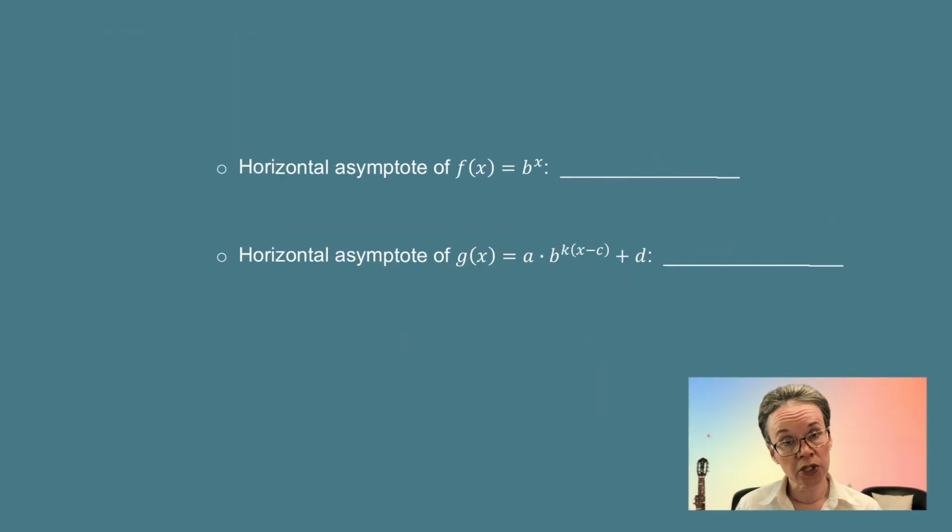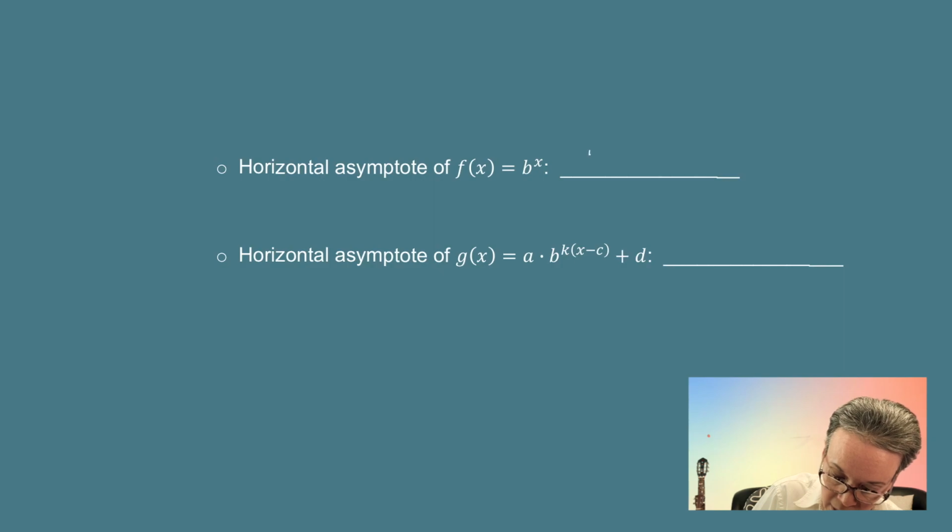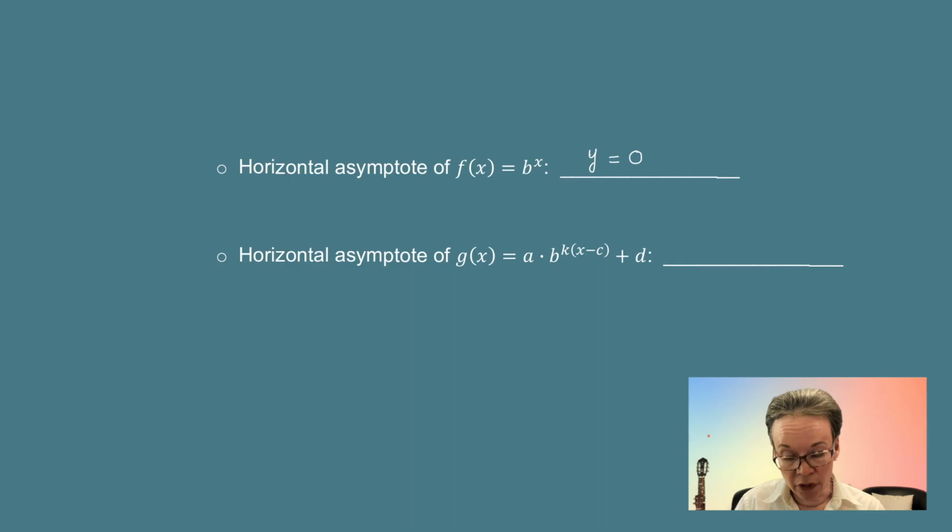Now in this case, we're going to talk about horizontal asymptotes. The parent function b to the x, no matter what b is, always has a horizontal asymptote, and the horizontal asymptote is the x-axis. The equation of the x-axis is just the line y equals 0. But whenever we apply d, if you remember, that is the vertical shift. Whenever we shift the graph vertically up or down, we're also shifting the horizontal asymptote.